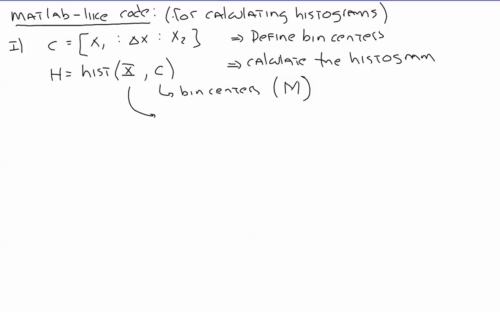X is my random data, and I will have N data points in my random data vector X. My histogram will then be M values long.